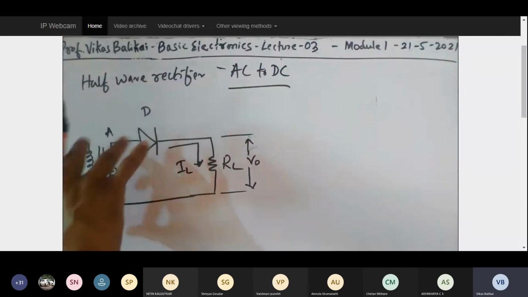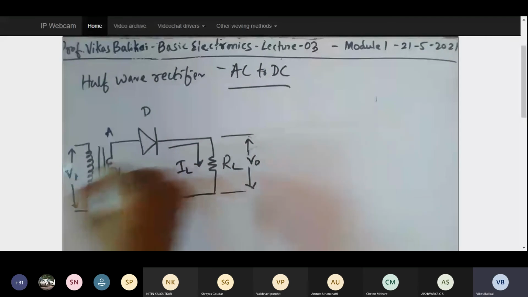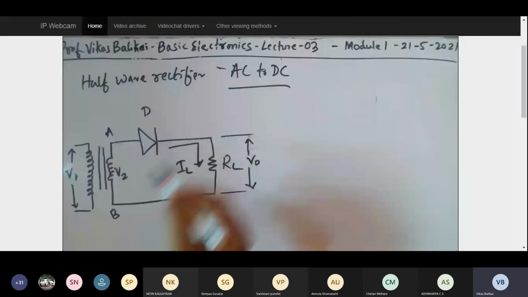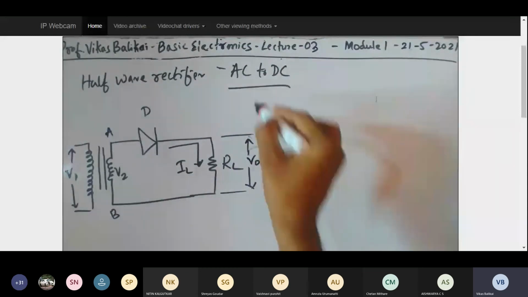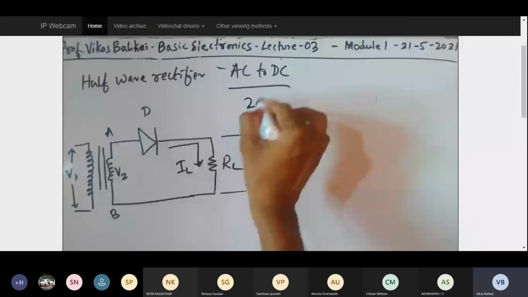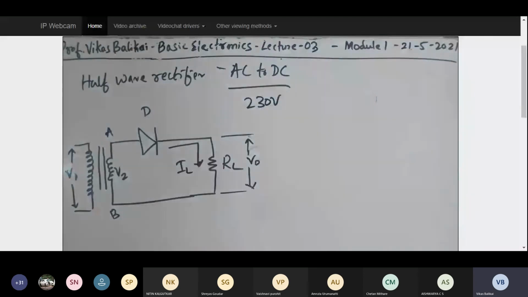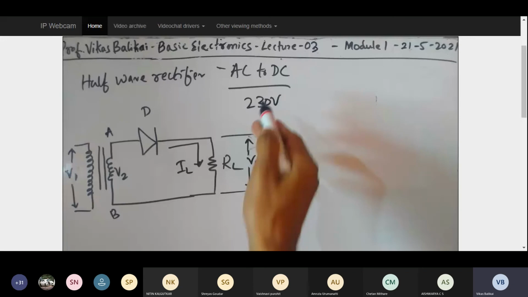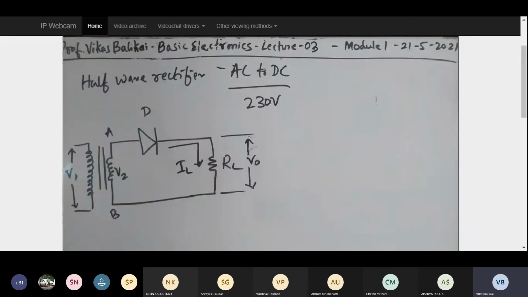Basically this is a transformer I'm going to use over here. Since I'm going to convert my AC to DC, if I want to apply AC, it will be 230 volts that I will be getting in my home if I consider a commercial application. I cannot apply this 230 volts directly to my diode, because diode is basically a device which can hold a maximum of 5 to 10 volts of potential.